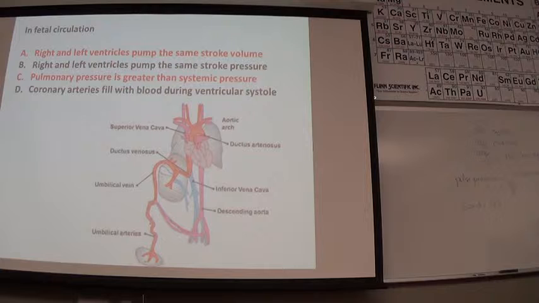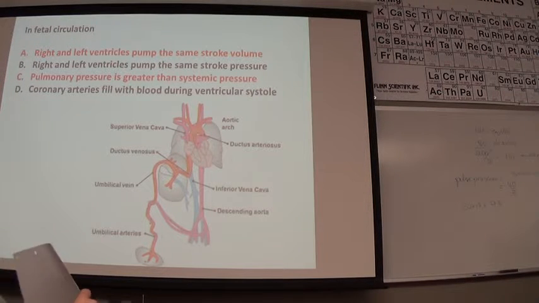Remember, the pulmonary pressure is higher in the fetus, which is why we redirect the flow from the pulmonary trunk into the aorta. So the blood that's already in the pulmonary artery goes into the aorta through the ductus arteriosus, because pressure is higher in the lungs than it is in the systemic system.